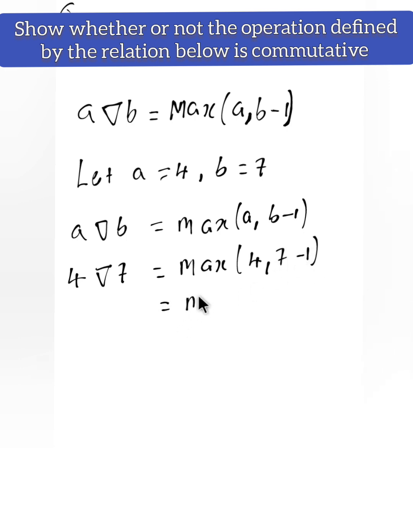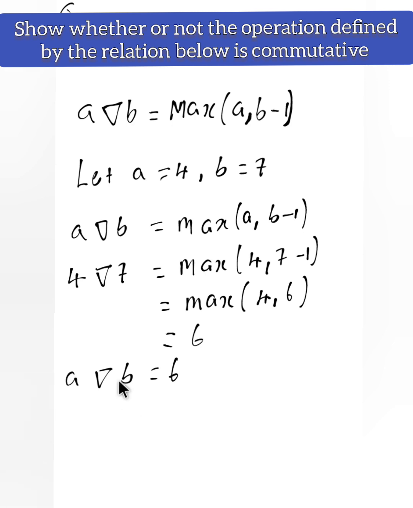So this will give us the maximum of 4 and 6. Between 4 and 6, which is the highest number? The higher number is 6. So A operation B is equal to 6.